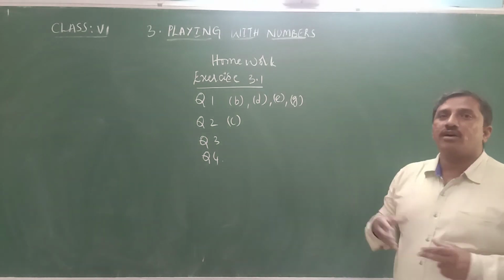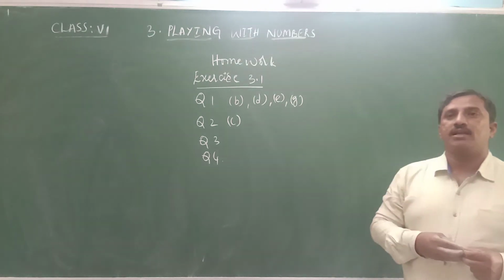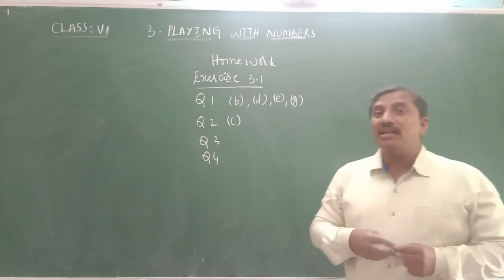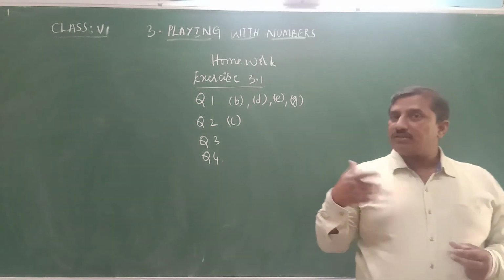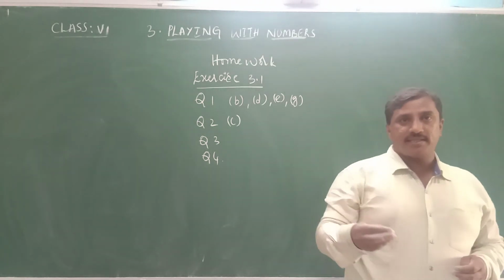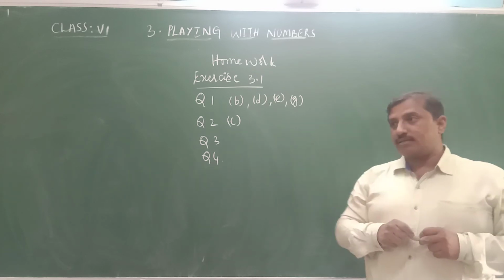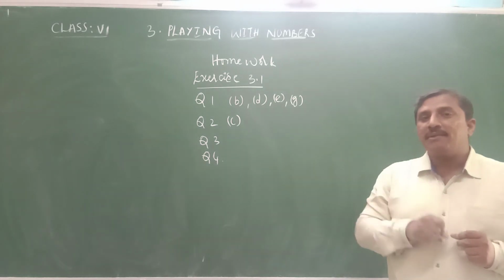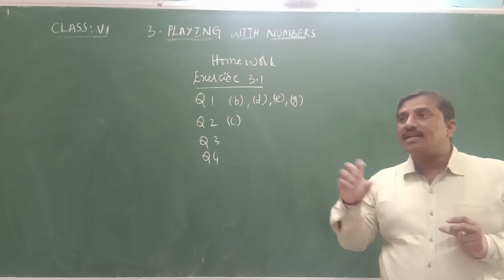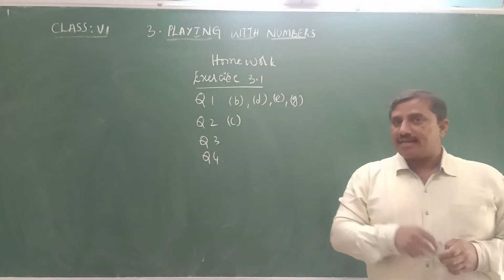What we discussed so far: what are factors, their properties, what are multiples, their properties, what are prime numbers and composite numbers. In the next class we will study odd and even numbers and their properties. There is a method to write the prime numbers from 1 to 100 given by Eratosthenes, known as the sieve of Eratosthenes. That we will discuss in the next class.